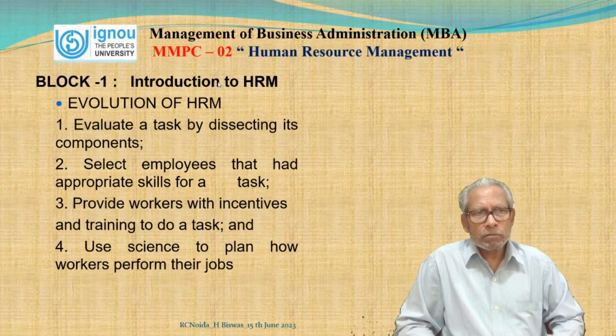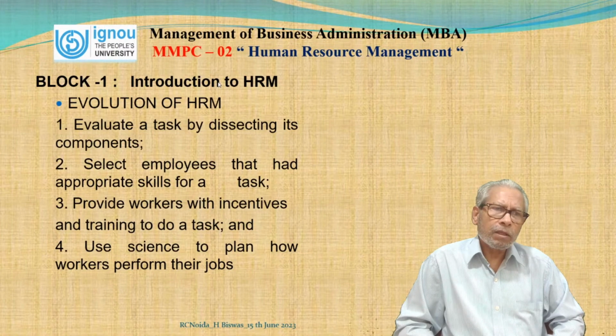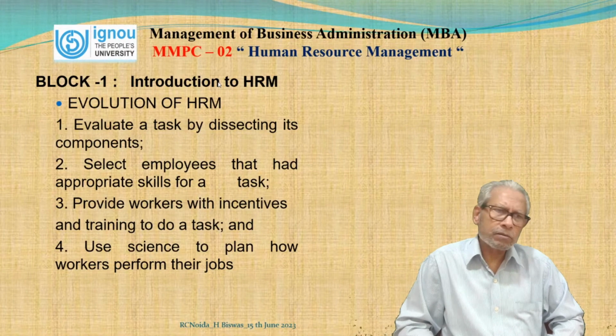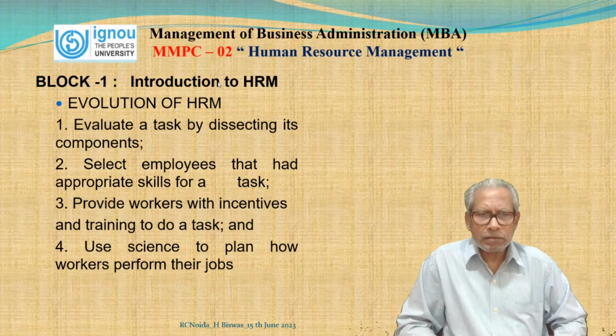Then evaluate a task by setting its components, then select the employees that have appropriate skills for the task, then provide the workers with the incentives and the training to do the task.